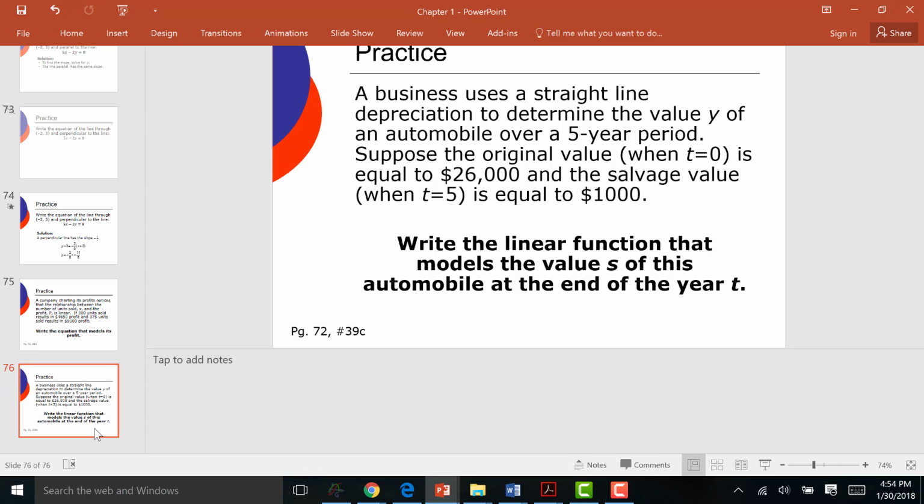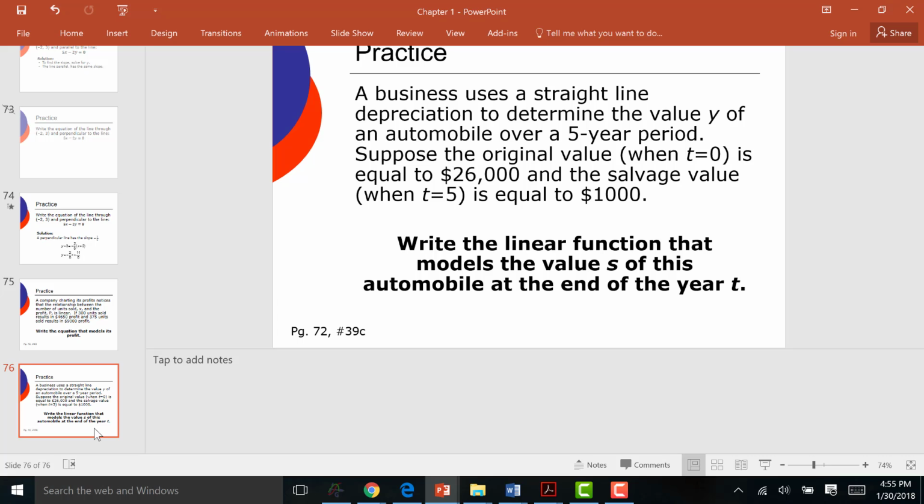And I know it's time to go, so I'll finish this one and then you guys, we're done. All right, I need to get y by itself. What do I do? Add 26,000 to both sides. All right, the 26,000 and the negative 26,000 cancel on the left, so I have y equals negative 5,000x plus 26,000.